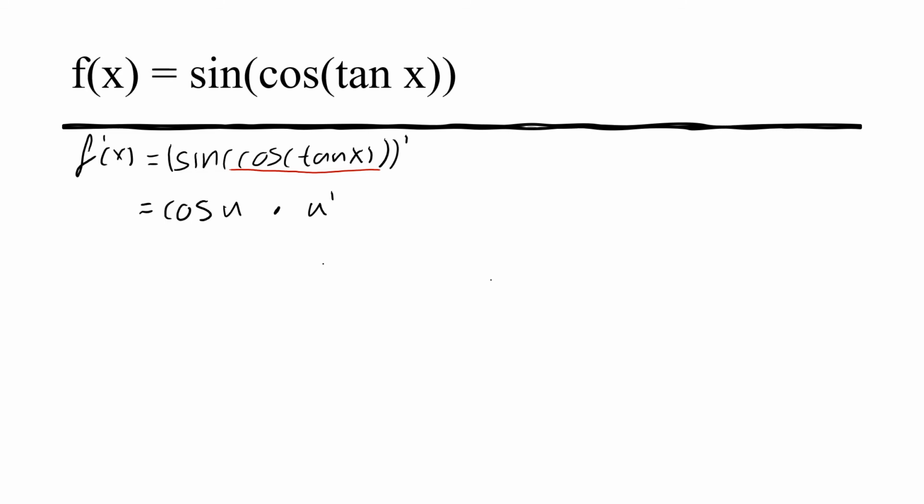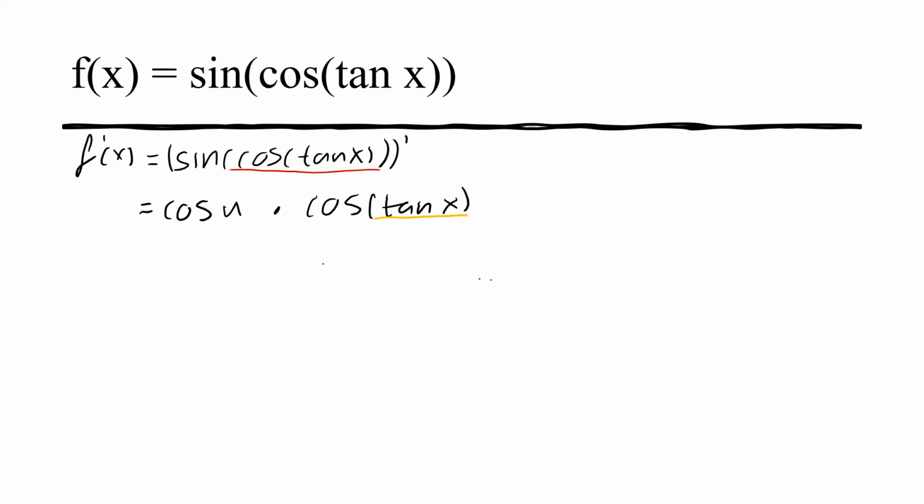And in this case, that derivative of u is going to be the derivative of cosine of tangent x. And so this tangent x, we're going to call it w because it is different than the cosine of tangent x, but we just don't need to know right this very second.